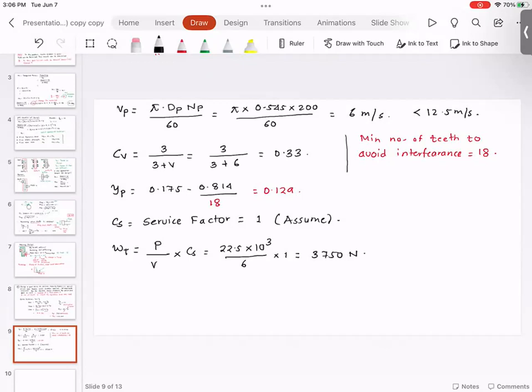Basically, if there is no service factor mentioned, we assume it as 1. So since there is no service factor mentioned, we assume service factor is equal to 1. Next, WT.